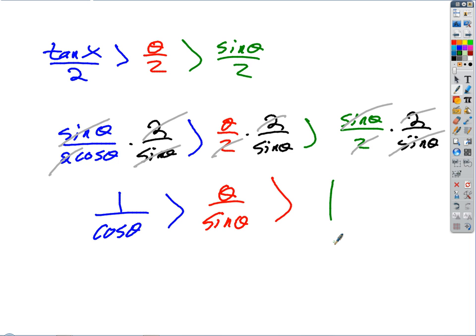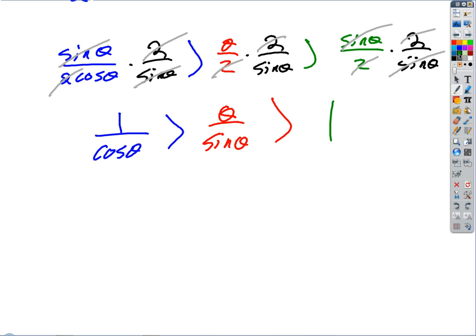But what do you suppose happens if I have an ordered relationship among fractions and I flip the fractions? So we can see what's going to happen to the individual terms. This one's just going to become cosine theta, right?